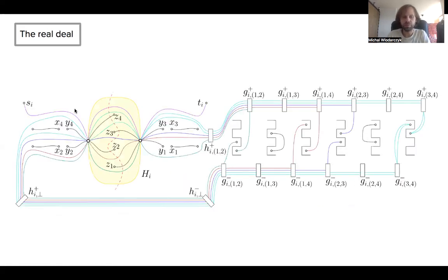In the proper construction, there are other building blocks and stuff gets slightly more complicated. So in the paper, we have pictures like that. If you like figures that resemble some electrical circuits, then I encourage you to check out the paper. We have a lot of such figures.